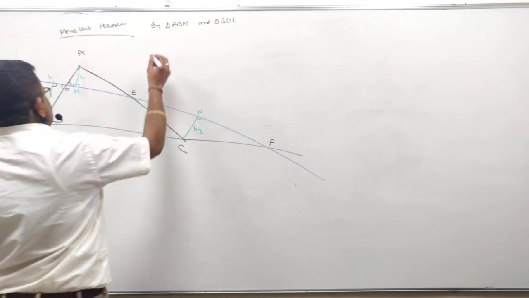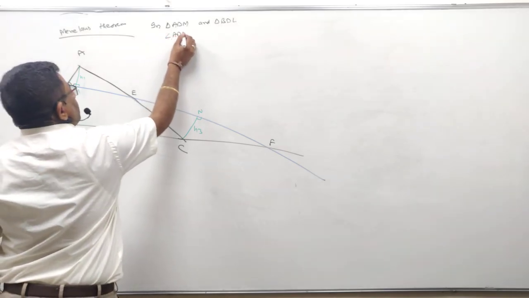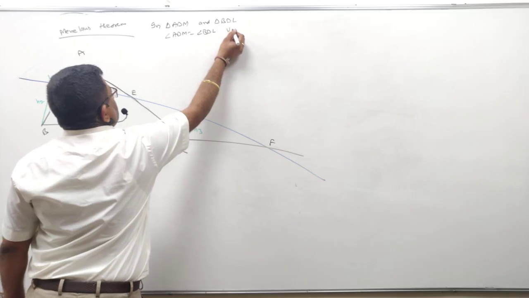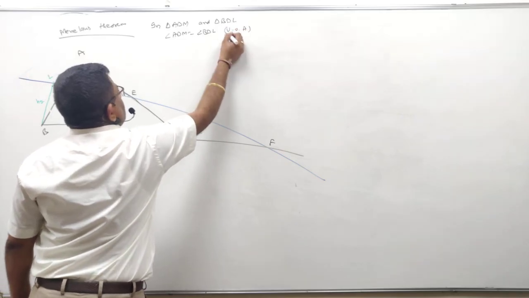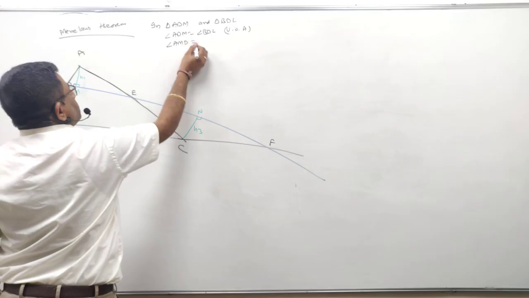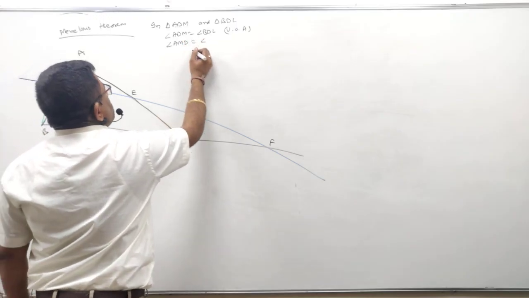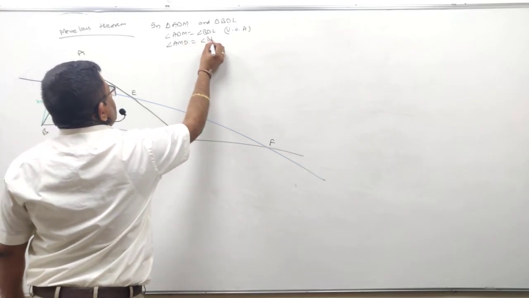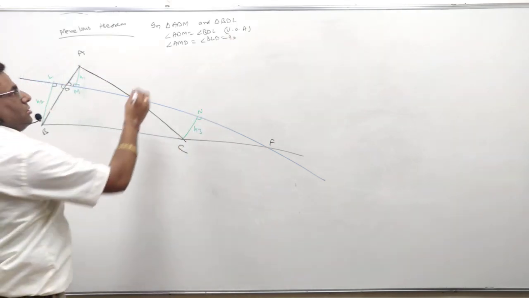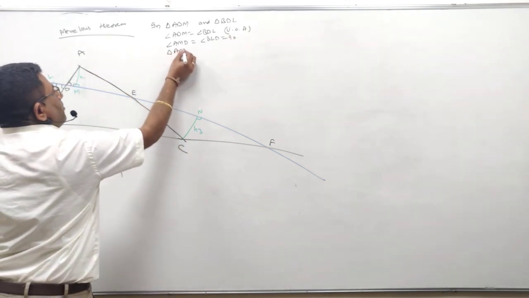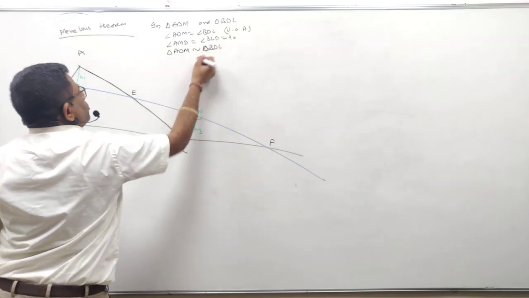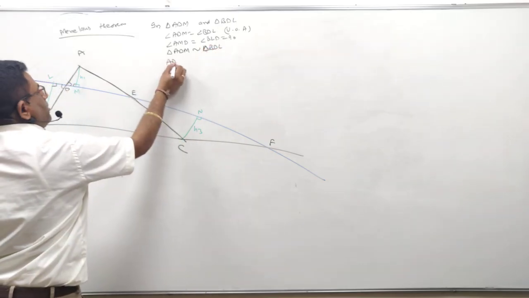Angle ADM is equal to angle BDL, vertically opposite angles. And angle AMD is equal to angle BLD, 90 degrees. Therefore, the triangles are similar: triangle ADM is similar to triangle BDL.